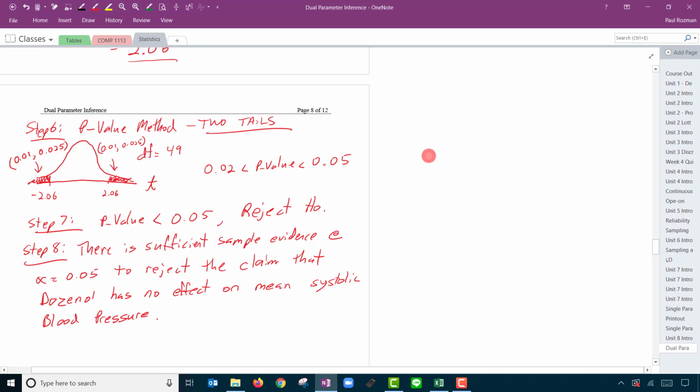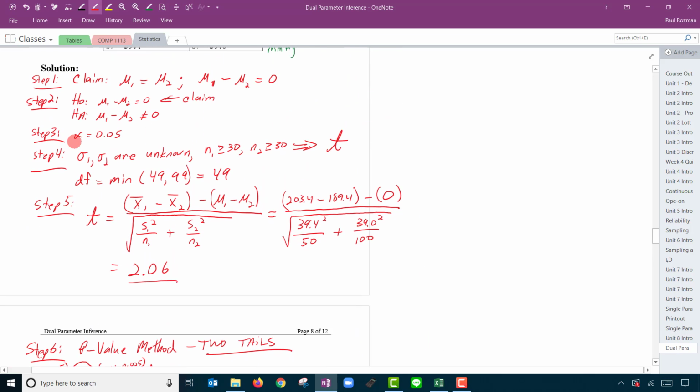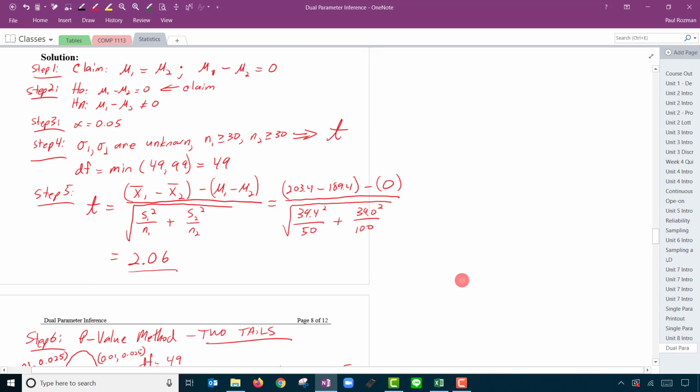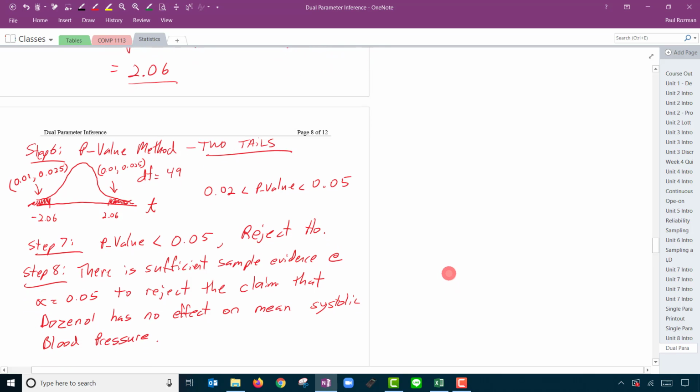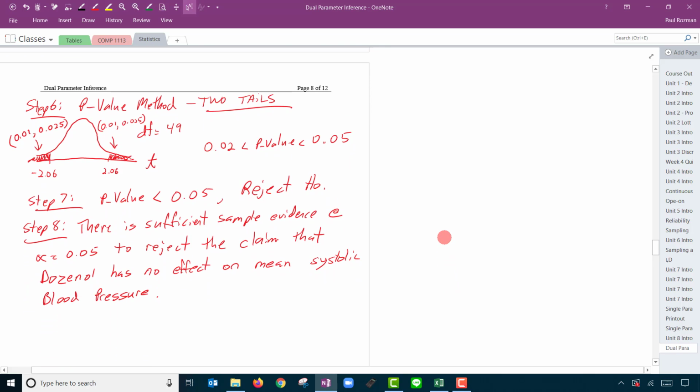If we had initially in step 3 written alpha equals 0.01, which is a very common choice, our decision in step 7 would have been fail to reject the null hypothesis, and then we would have said, well, we can't reject the claim, which basically says we're agreeing with the claim.